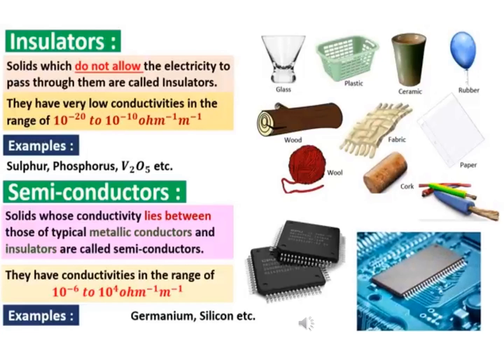Their conductivities are in the range of 10 raised to power minus 6 to 10 raised to power 4 per ohm per meter. Examples of semiconductors are germanium and silicon. In this figure you can see silicon chips, which are an example of semiconductors.